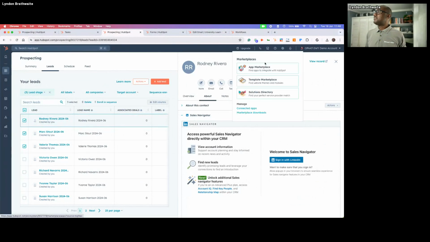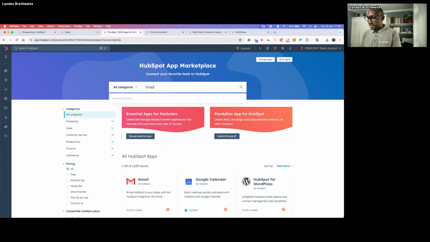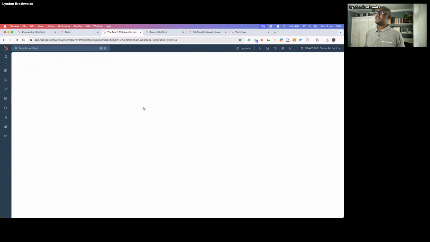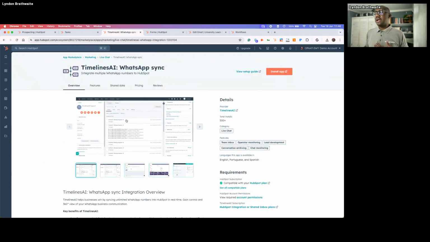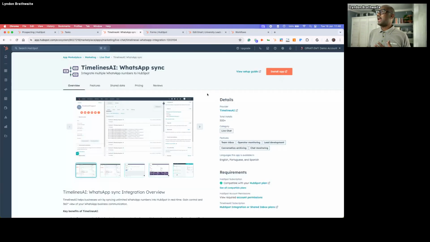I have actually found that there's a pretty good application inside of HubSpot called Timelines AI. I believe this is one of the better ones.